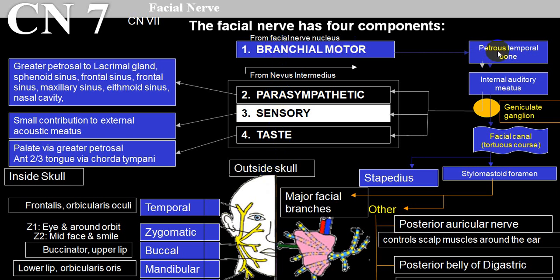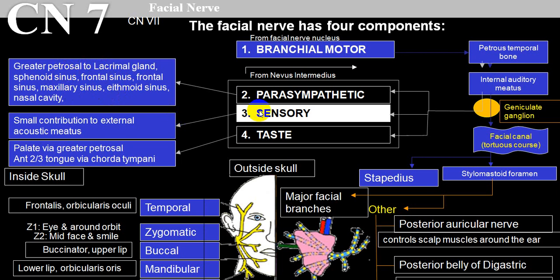Branchiomotor in the petrous part enters the internal auditory meatus, and from the geniculate ganglion now you are getting 3 branches. One we call the greater superficial petrosal, which will be supplying the lacrimal gland, as well as the sphenoidal sinus, frontal sinus, maxillary sinus, ethmoidal sinus, and nasal cavity. This will be the greater petrosal nerve.